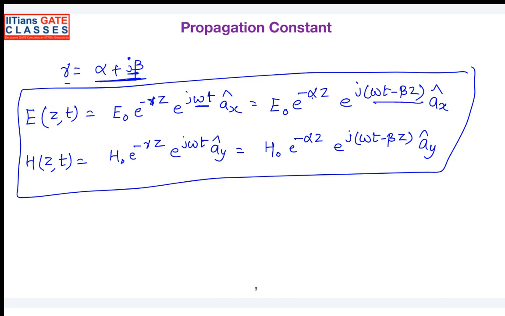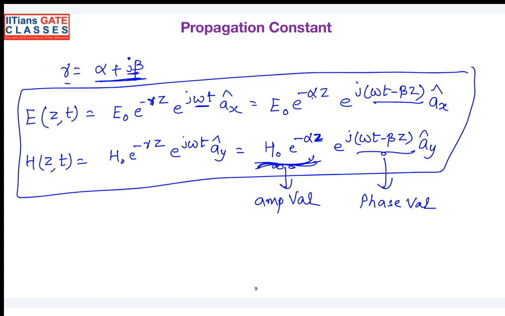The reason I wrote it this way is that now you can see the first part represents the amplitude variation. As z varies, you can see how the amplitude varies from the first part. The second part represents the phase variation. I hope you got my point.